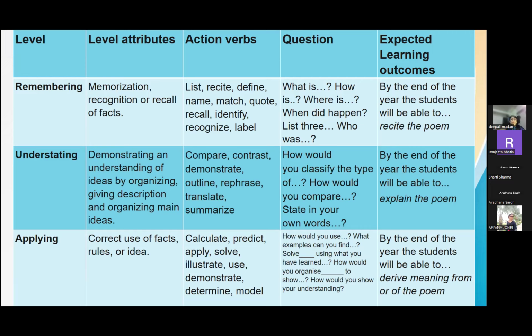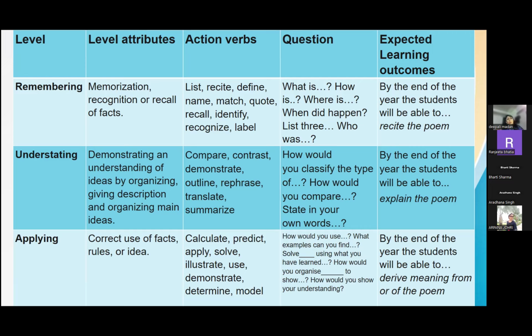These action words make it a little easier for us to identify what level of Bloom's taxonomy it is. If the questions are very simple, remembering questions like what, how, where, when, that falls under the remembering category, which is the very basic level. This requires the students only to recall the information that they already have.